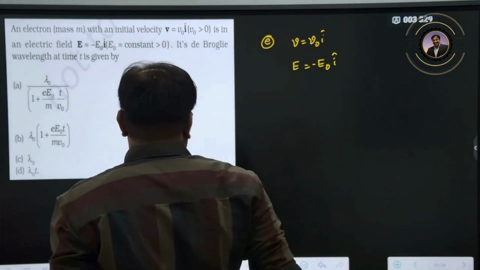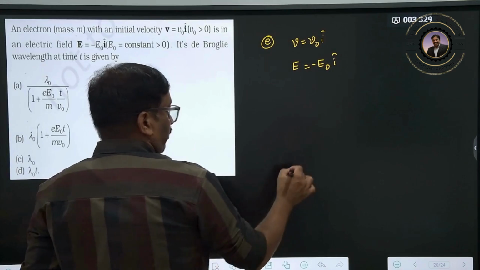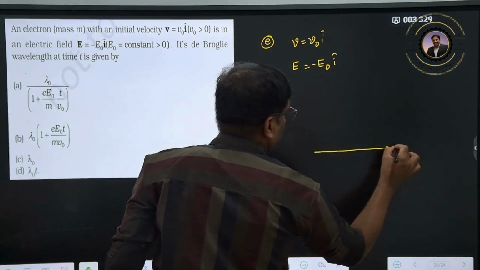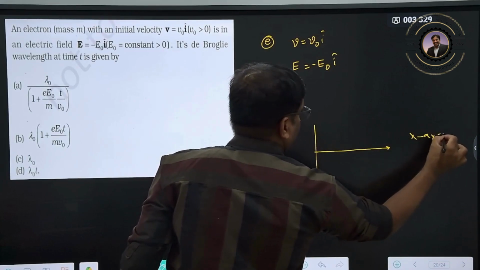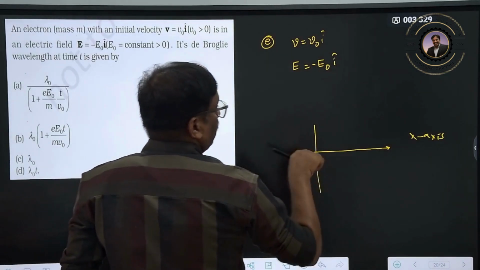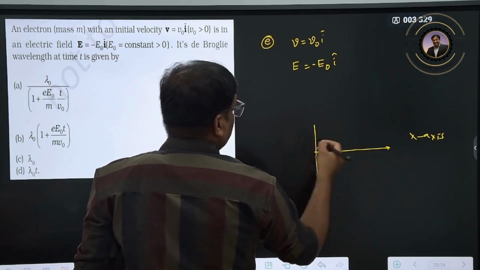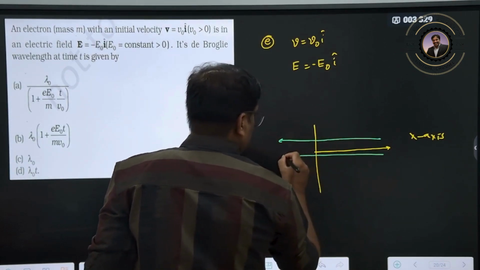First of all, let us understand the situation. Here the electric field is along the x axis, specifically along the negative x axis, so it is drawn like this.